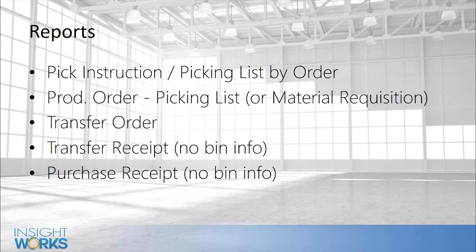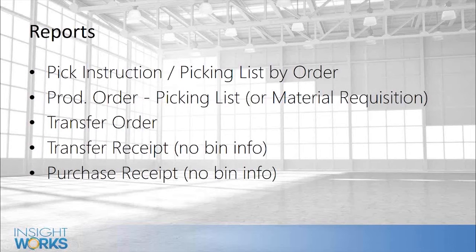They assume bins are mandatory. So if you print a pick instruction for the blue location, which doesn't have bins turned on, it'll list a bin field and it'll be blank because there are no bins defined in that location. A lot of these reports assume that you're going to have bin mandatory, even though chances are if you're using these things, you don't have bins mandatory.